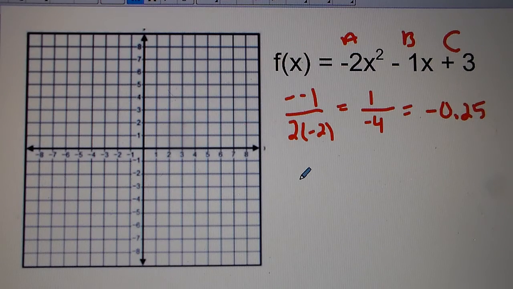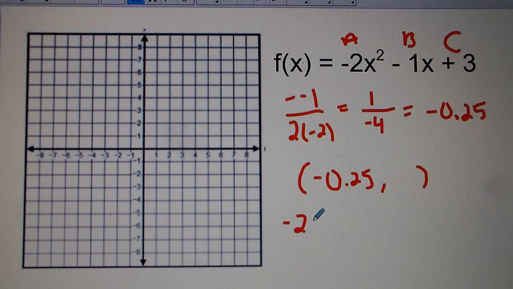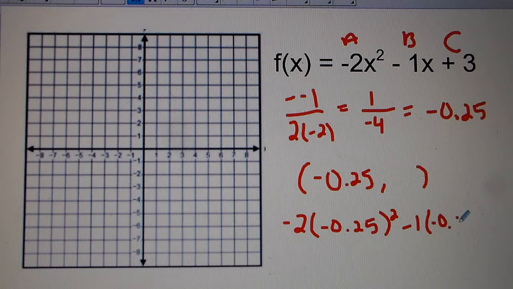Yes. Cool. Now we're going to put that as my x value, so negative 0.25. My y value, well, we're going to put that into our equation, so negative 2 times negative 0.25 squared minus 1 times negative 0.25 plus 3.